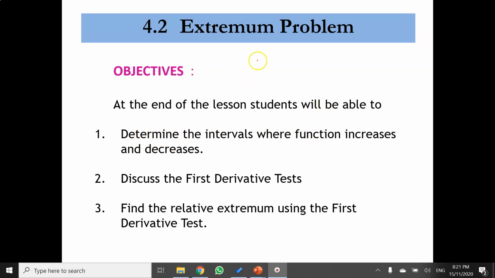At the end of this subtopic, you're going to determine the interval where a function increases and decreases, discuss the first derivative test, and find the relative extremum using the first derivative test. So we're going to see what the first derivative test is.